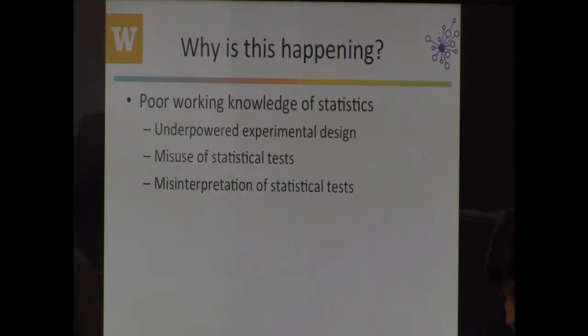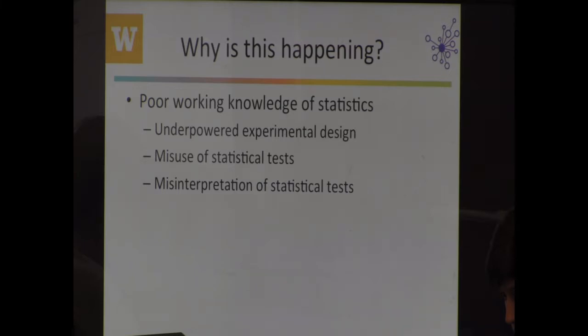Okay. So one of the core reasons that this is happening that I think we're not going to talk about today, unless you really want to, is that there's a relatively poor working knowledge of statistics, right? So, we're great at training bench scientists or experimental observers on those methods, but sometimes we neglect the statistics education.